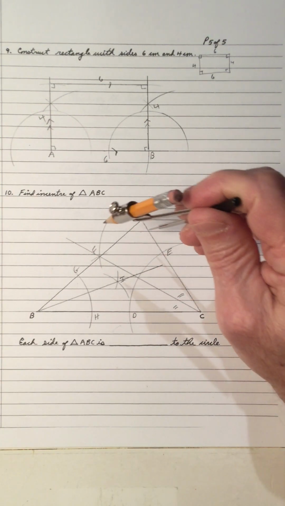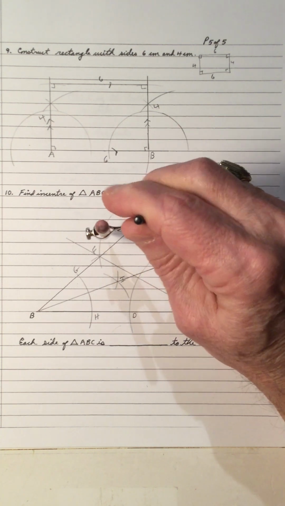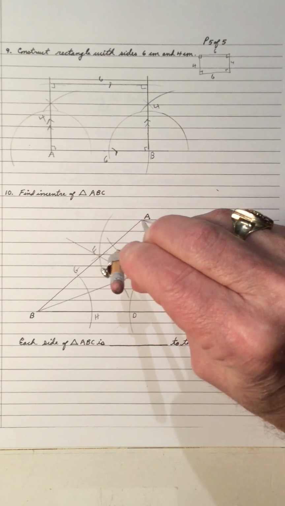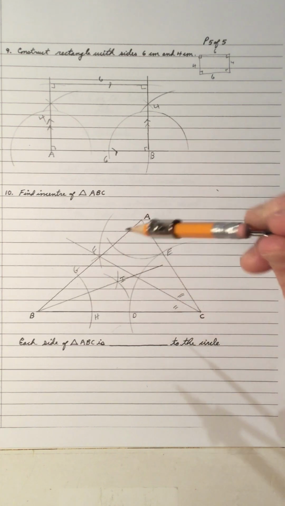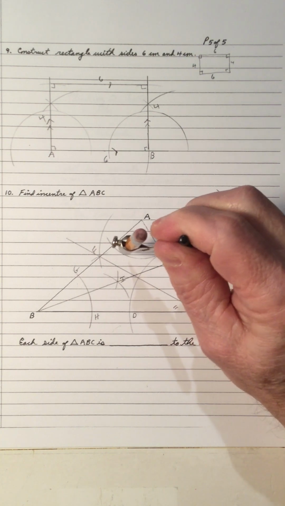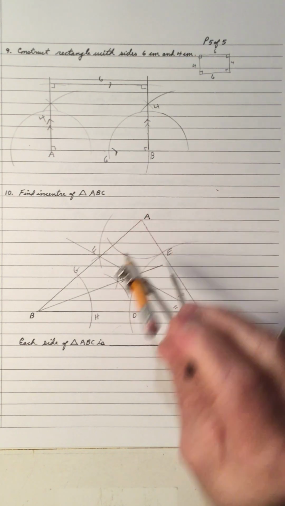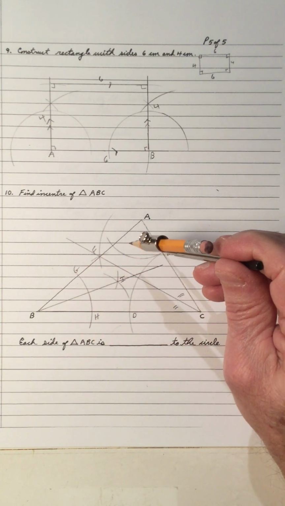Here we go. Place the compass at A, and I'll cut AF and AE. So there's AF and AE. So place my compass at E with a radius greater than half the length. So I have to take greater than half the length of this segment. So it is.